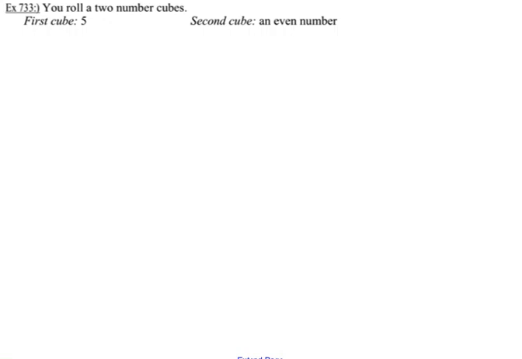You roll two number cubes. Picture rolling two number cubes. On this, it should be obvious that one number cube is not going to affect what comes up on the other number cube. So these are independent.